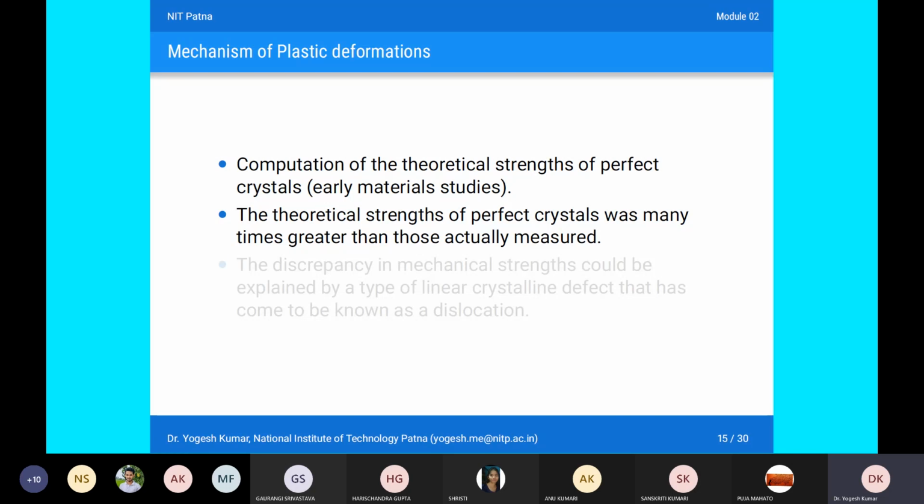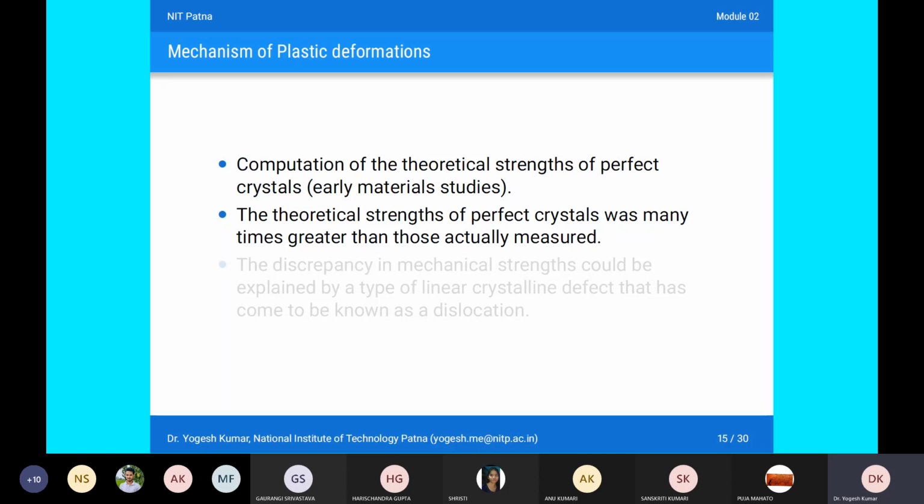When we calculate something theoretically, we take ideal conditions, and we think that the material structure, that is the crystal structure, is perfect.